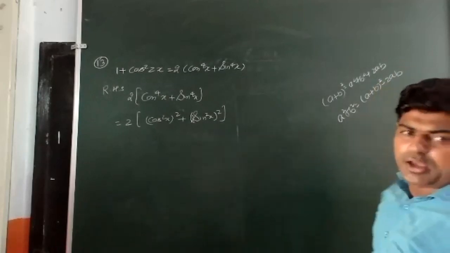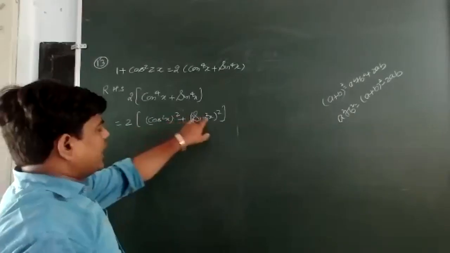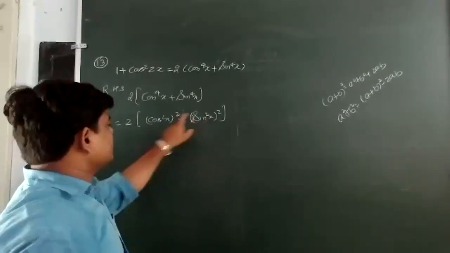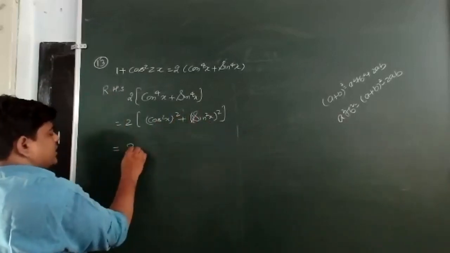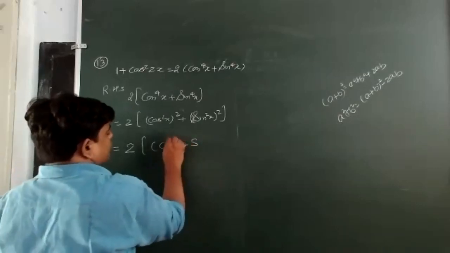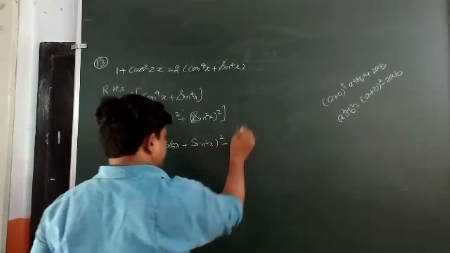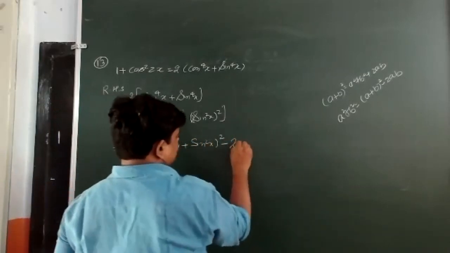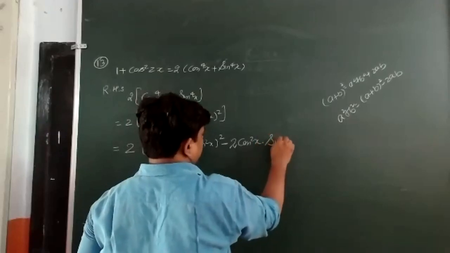If I take cos square x as a and sin square x as b, then I have a square plus b square, which can be written as (cos square x plus sin square x) to whole square minus 2 cos square x into sin square x.